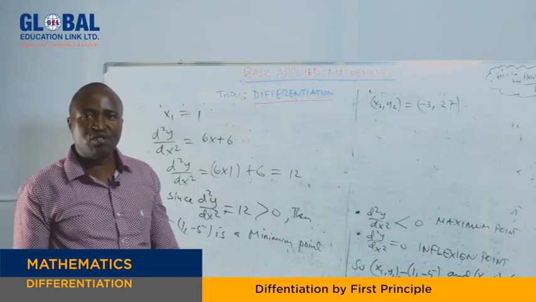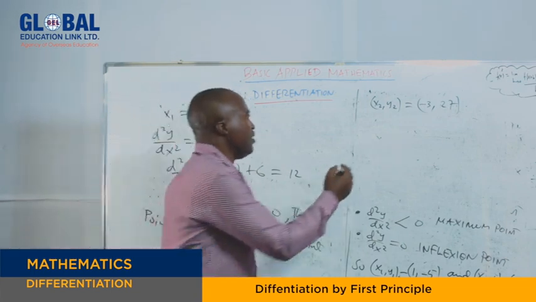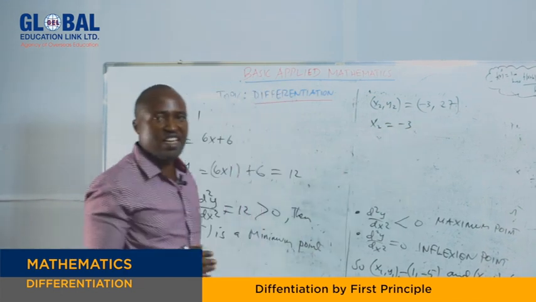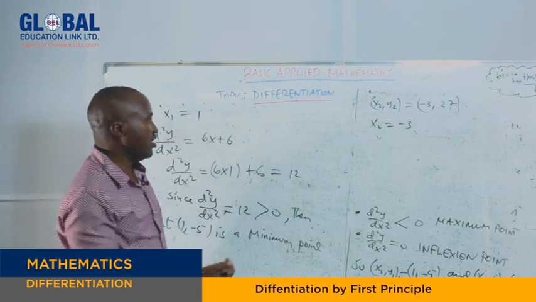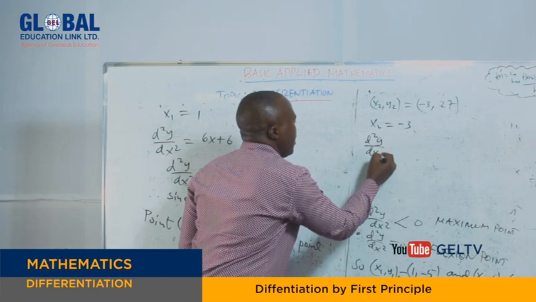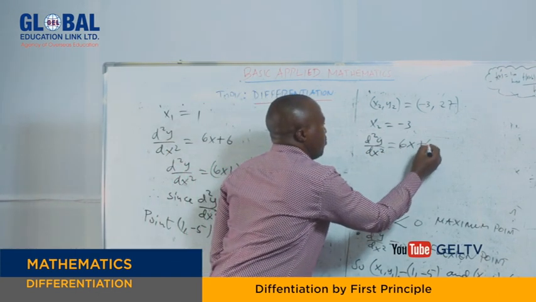For the second point, -3, 27, x2 is equal to -3. So again, we substitute the value of x in our second derivative, d squared y over dx squared, which is equal to 6x plus 6.